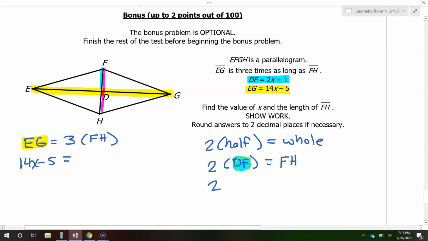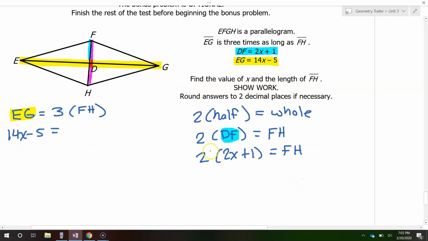Okay, DF is 2x plus 1, so instead of DF, I'm now going to put 2x plus 1, and that should equal FH. With a little bit of distributive property, I get 4x plus 2 is equal to FH. Well, guess what, guys? I now have an expression for FH. All right, look at this. FH is 4x plus 2.